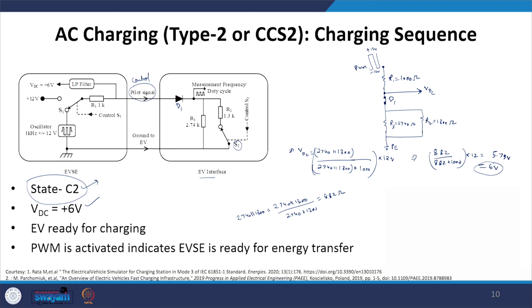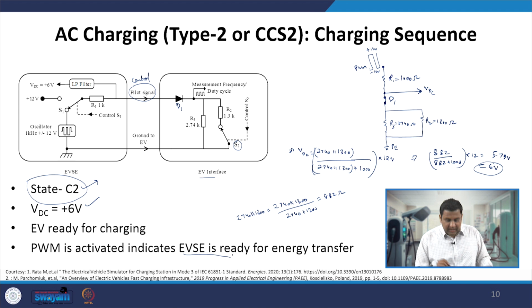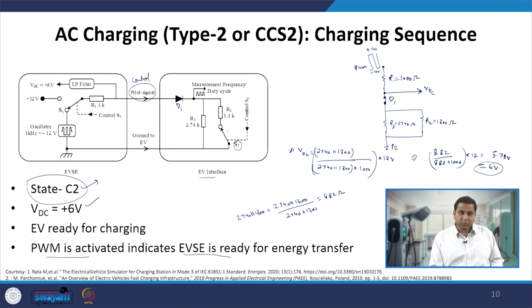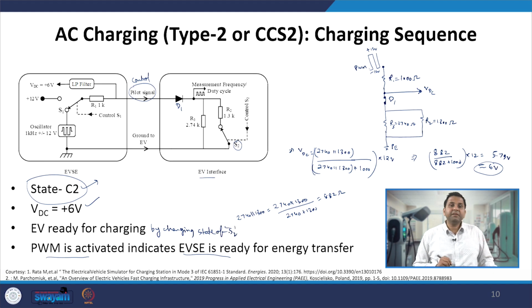At this state the EVSE is already ready to do the energy transfer by activating its PWM. Now the EV is also ready by changing the state of the S2 switch, and that is being detected by the EVSE, as the EVSE is measuring the voltage level of the PWM.